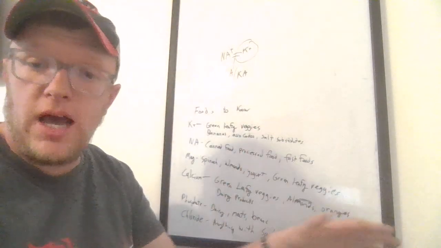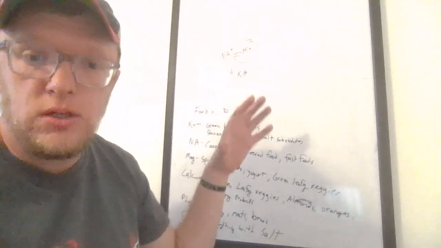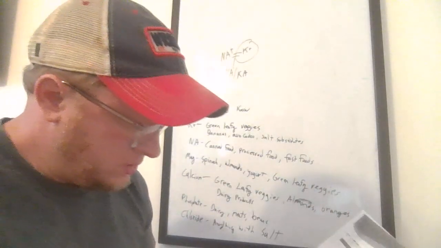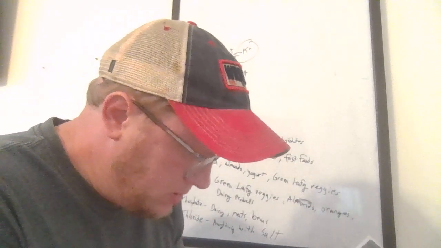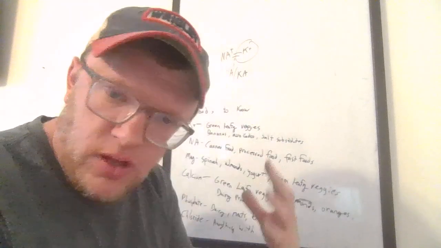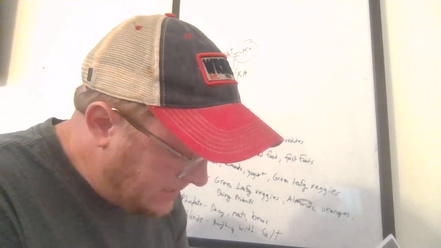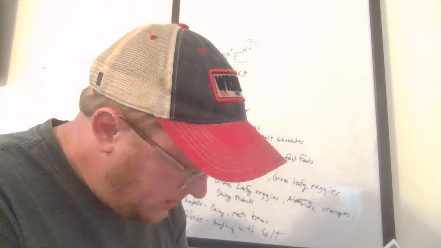So the sodium is high. We would give them a really diluted hypotonic solution to help balance that out and give them some fluid. But with hypernatremia, they're going to be flushed. They're going to have a red face, things like that.